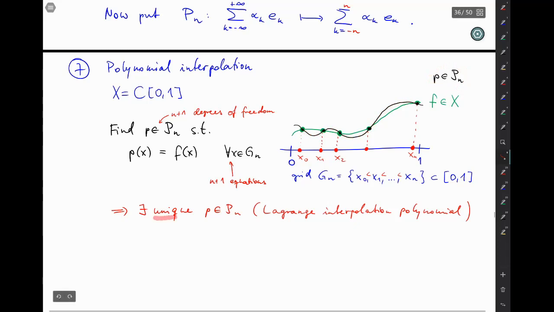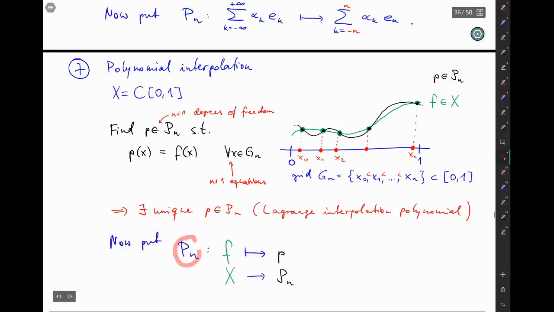Okay, so because this solution is unique, we can define a map that takes the green function f and produces the black polynomial p, and that's our projection P_n. Now not curly P, but straight P, P_n.